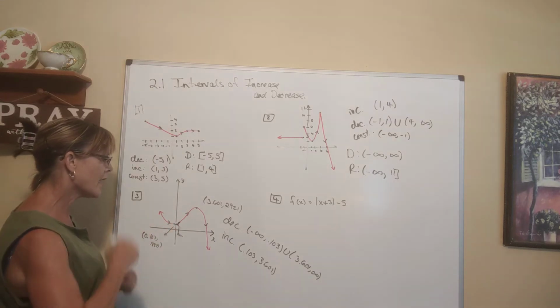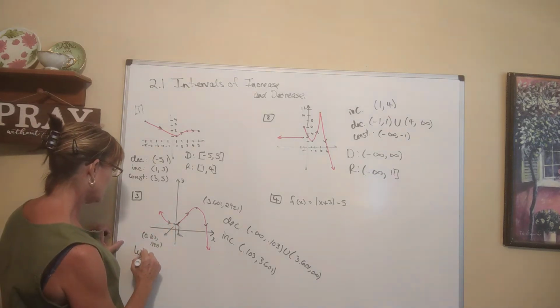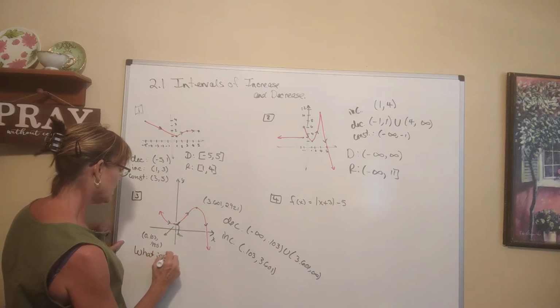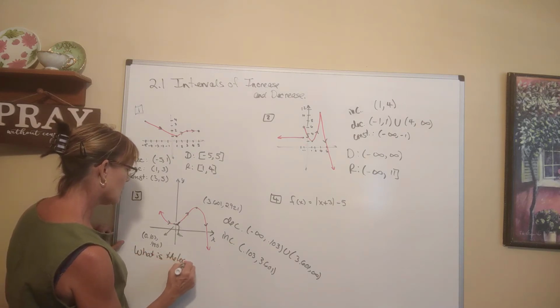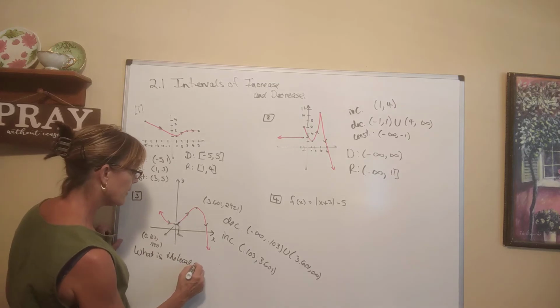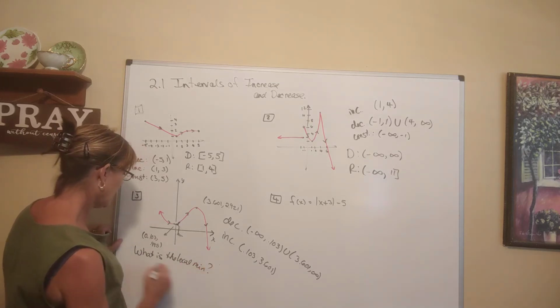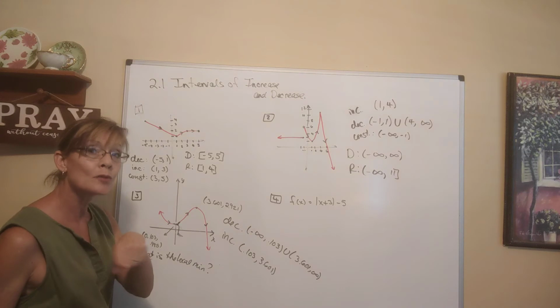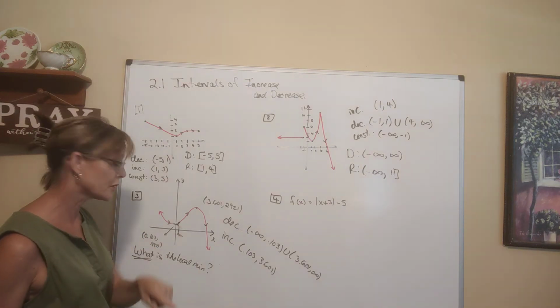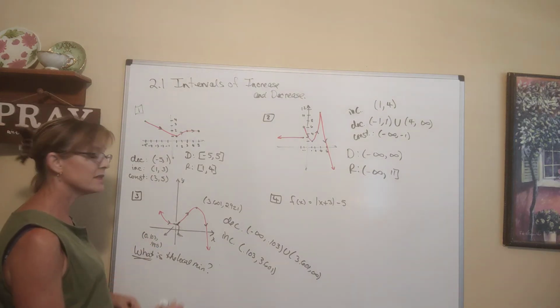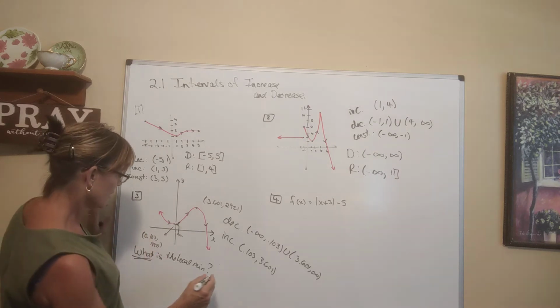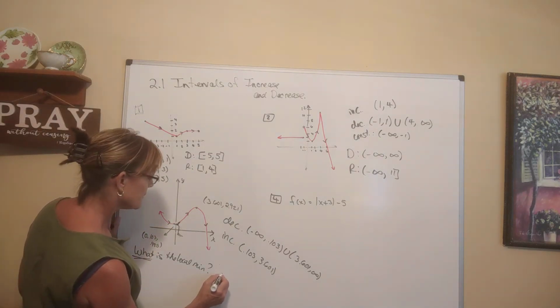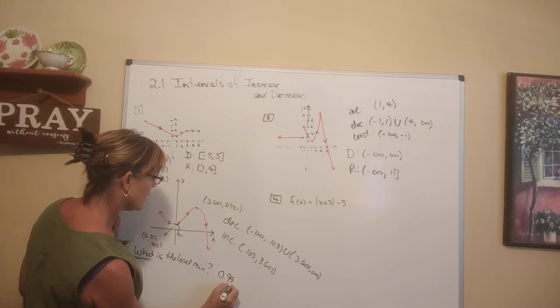And so when they say, what is the local or relative min? If they use the word what, and that's what I will use with you to teach you how this language works, what is the local min? Then you write down the y value. The local min is 0.995.